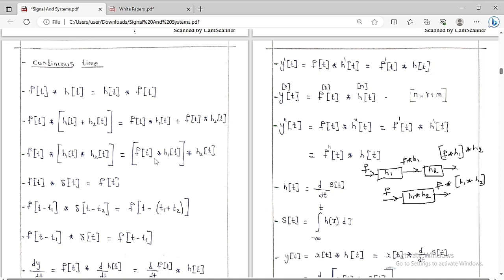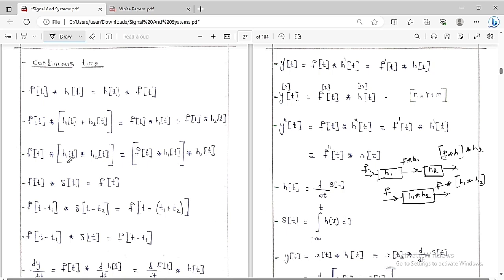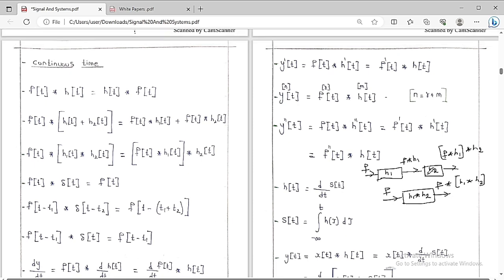So both are the same: f of t convolution of h1 of t convolution of h2 of t, and f of t convolution of h1 of t whole convolution of h2. So both responses are the same. Therefore, we can say whenever the systems are cascaded, series connected, then the net system, a simplified network, has an impulse response that is the convolution of the individual impulse responses.